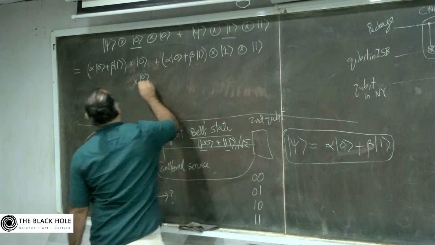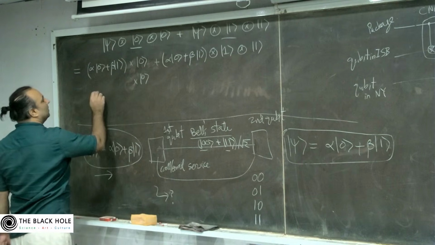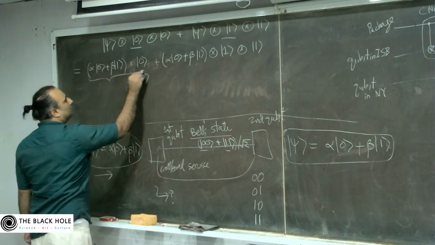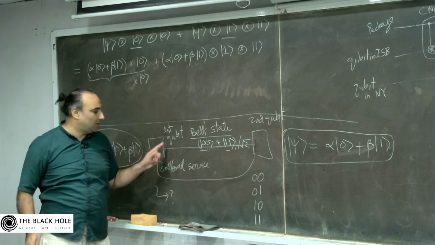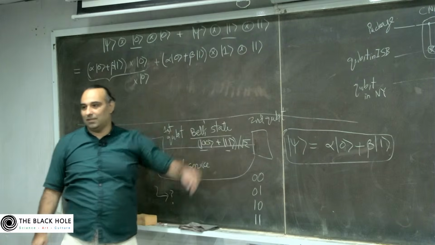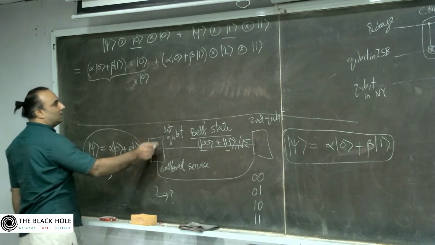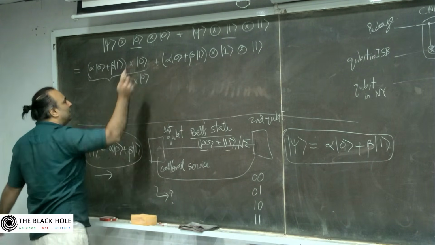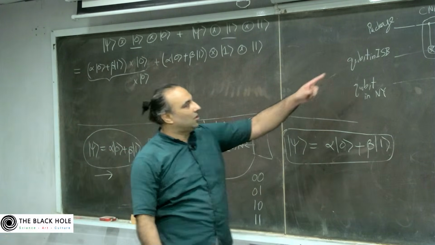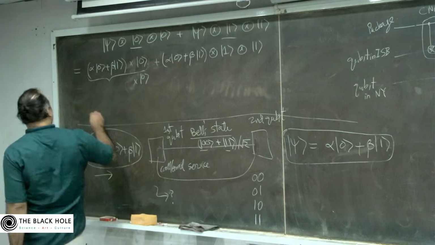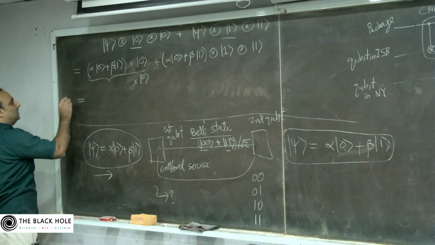So I need to perform the C naught on these two. I'm not doing any operation on this qubit that's not with me here. That qubit is in New York, so nobody in this office can perform any operation on it anyway. What operation did I suggest? It's C naught. What C naught does is change the state.